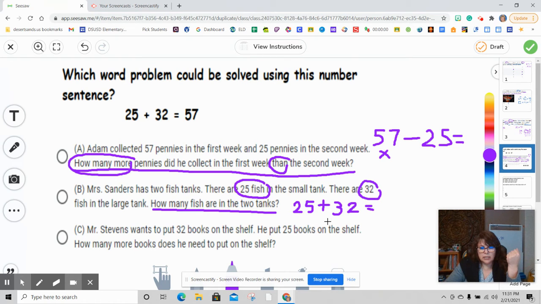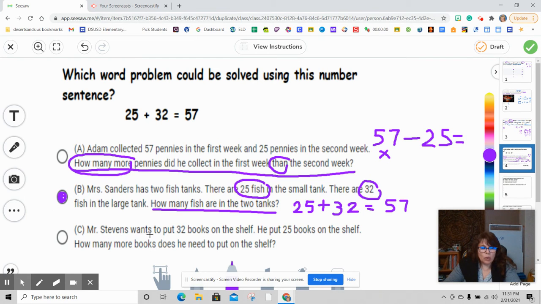I have 2 tens here and I have 3 tens here. That makes it 5 tens. And then 5 ones and 2 ones, that's 7 ones. So that would be 57. And I said, that sounds like a good deal. So I'm going to pick this one, but I'm going to check the next one just in case.